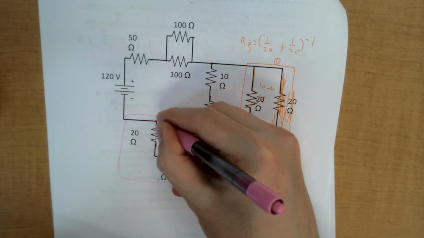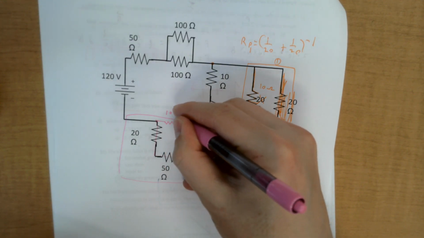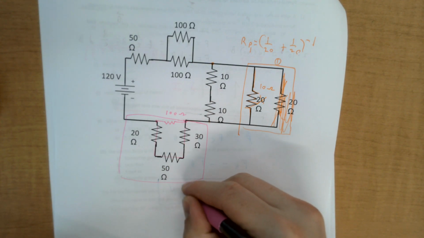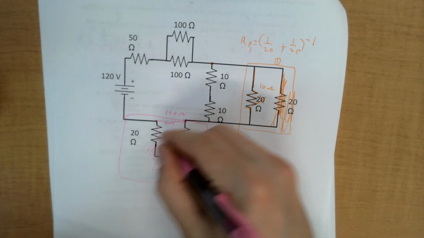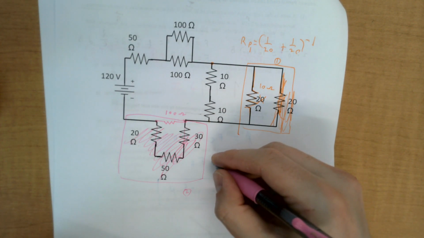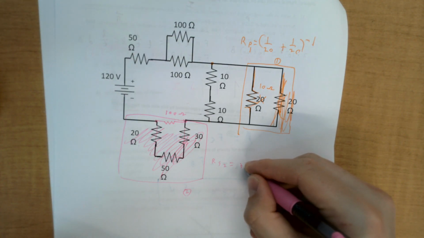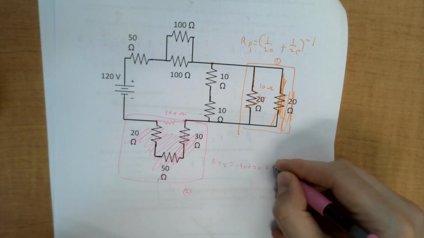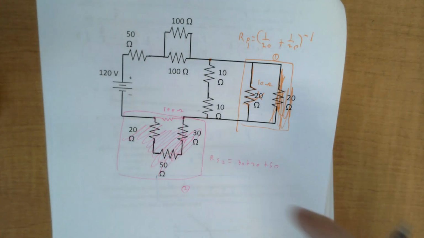So these merge into one resistor of 100 ohms. These are now all dead. That's where that 100 comes from. Cool, so now we're done with 2 blocks.